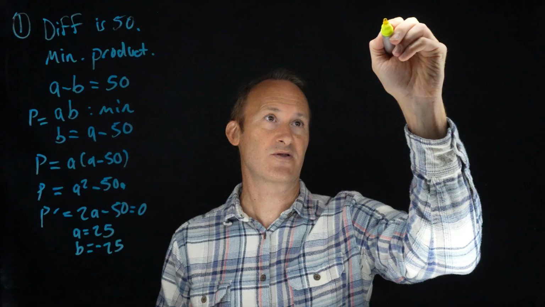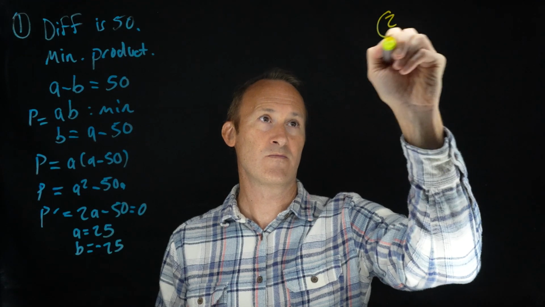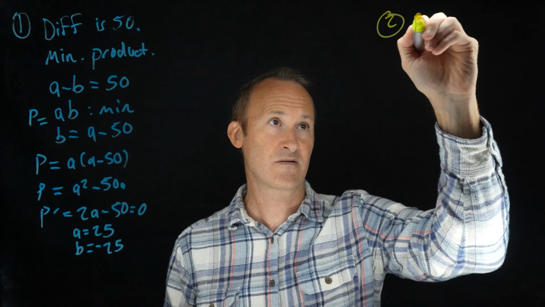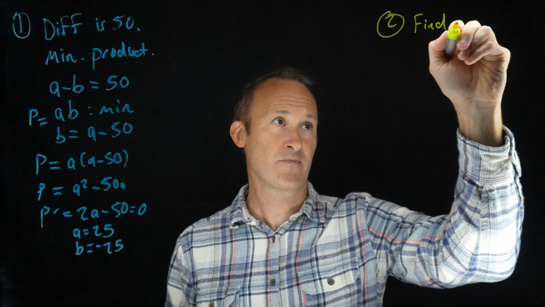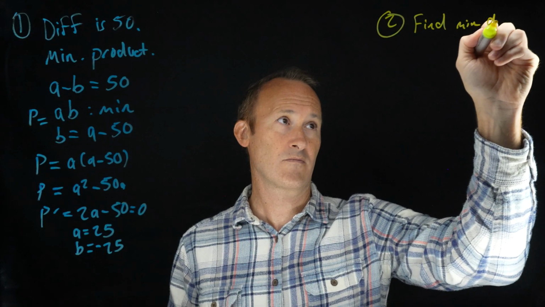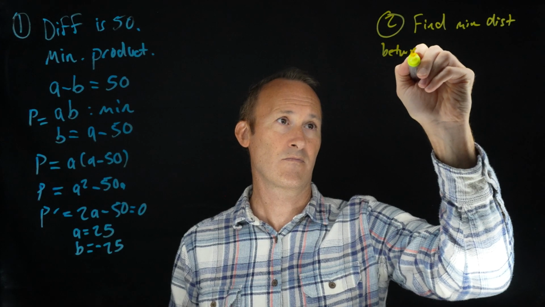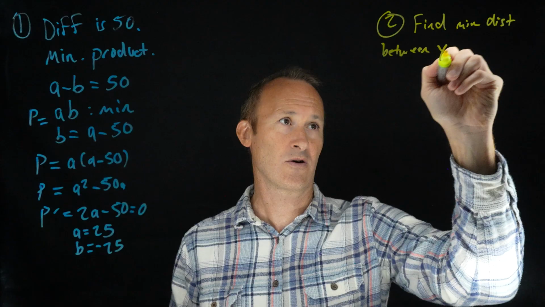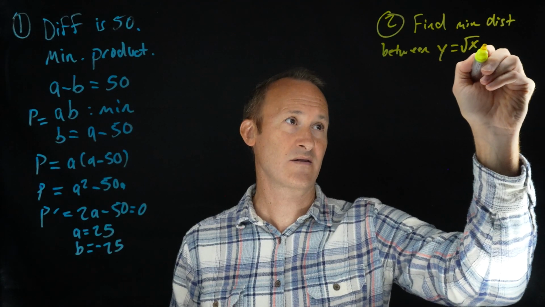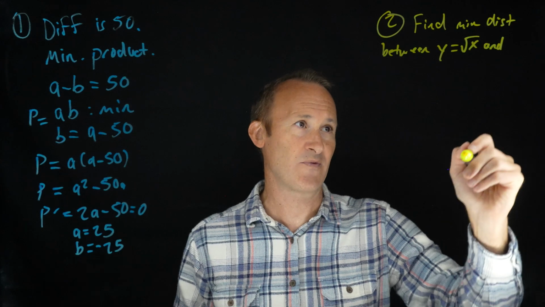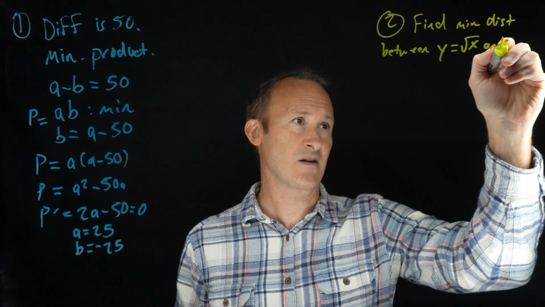For number 2, we're going to find the minimum distance between the curve y equals the square root of x and a point off the curve, say (2, 0).